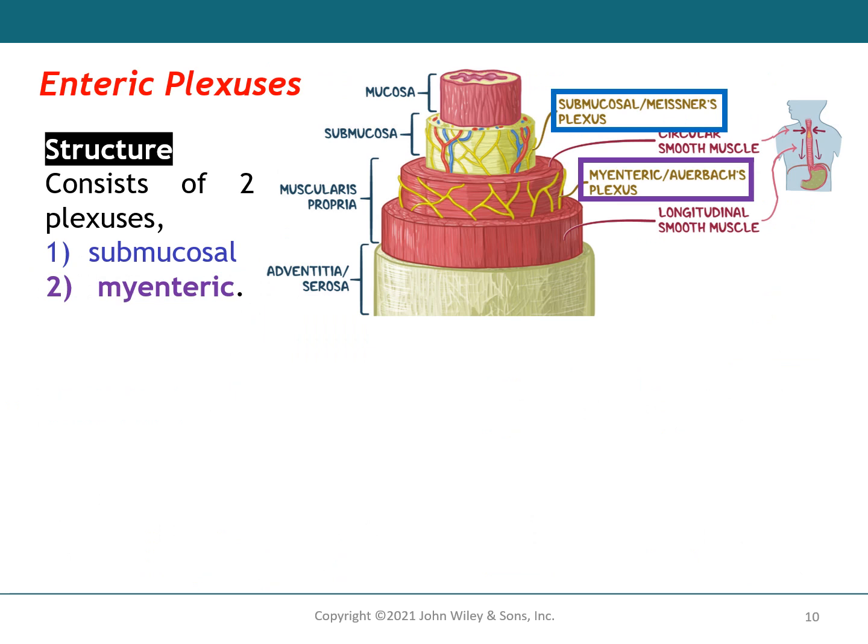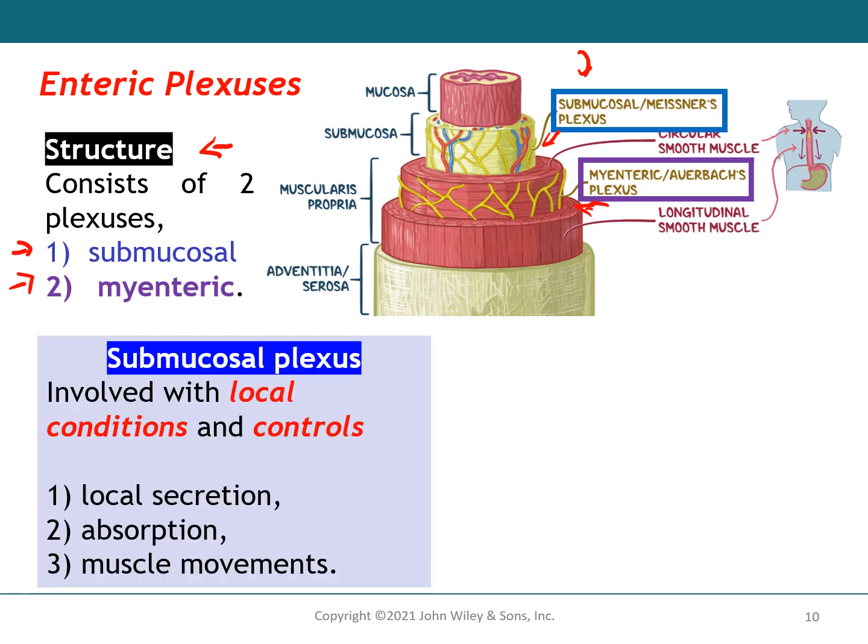Now we're going to talk about the structure. Again, we're going to talk about this in more detail in chapter 24. But here I just want to tell you that these enteric plexuses can be divided into two groups: the submucosal, located here, and the myenteric, here. Both have different functions.